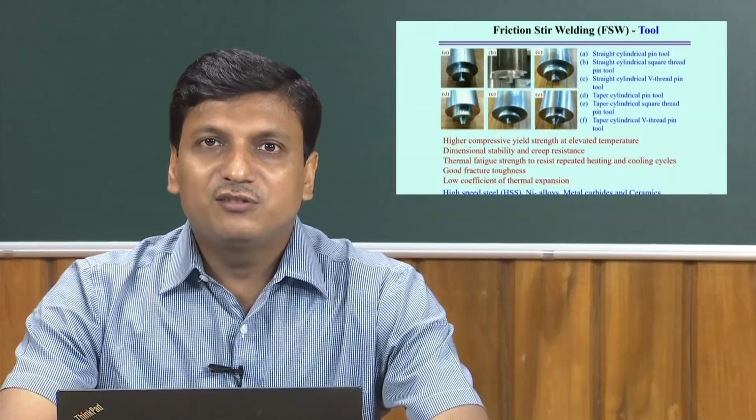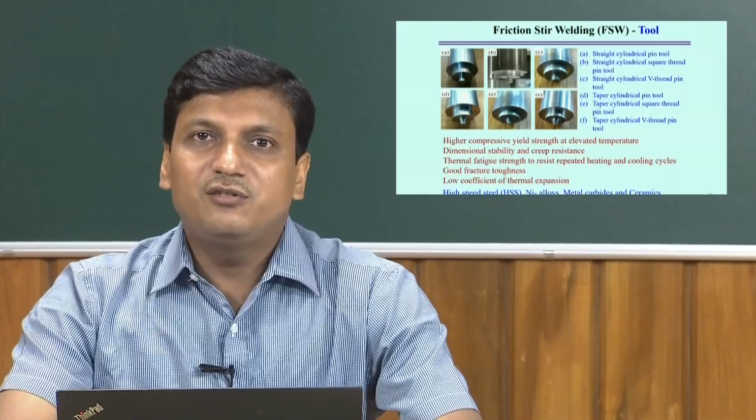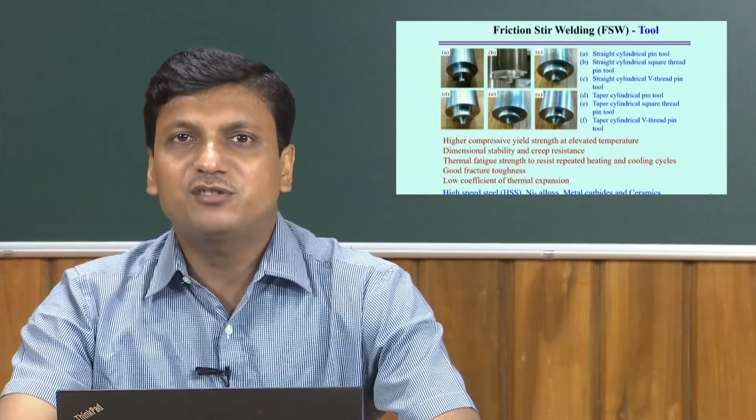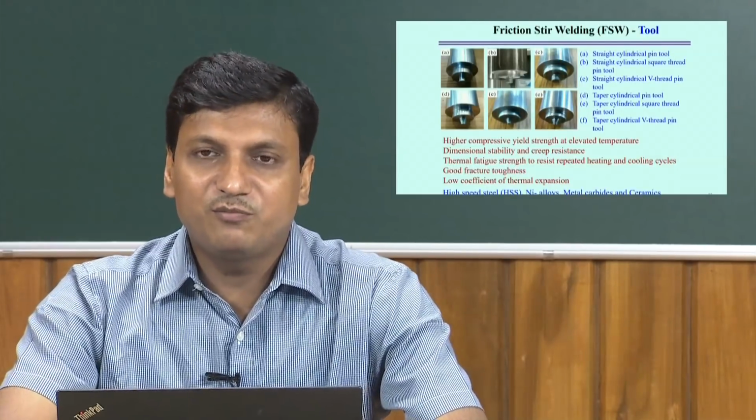Since the surface area differs, the heat generation during the frictional action will be different for all these cases. That means it finally affects the temperature distribution as well as the material flow behavior within the material.